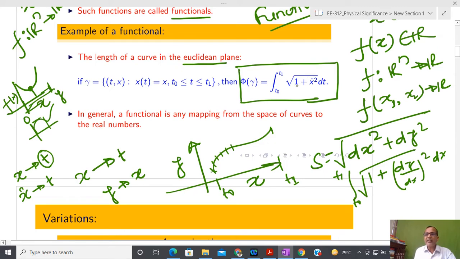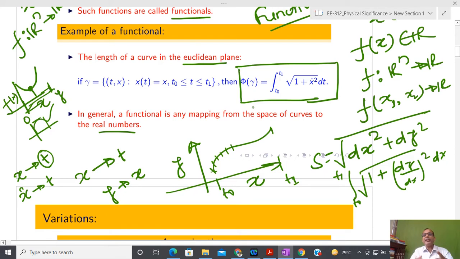Now try to see whether this maps to one dimension or not. So x belongs to R, I am assuming, and x dot, the derivative, obviously also belongs to R. For that reason this maps to one dimension. Does anyone have confusion? And for that reason I have written here: in general, a functional is any mapping from a space of curves to a real number.